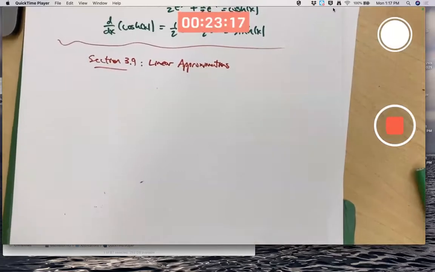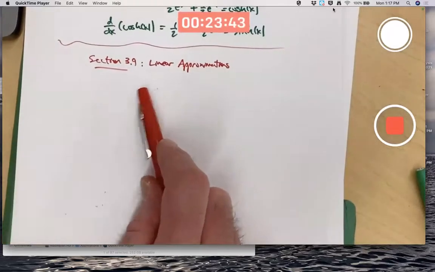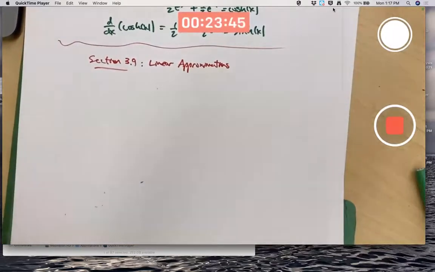If the instantaneous velocity is 5 meters per second, and you travel for another 0.1 seconds, you'd multiply 5 times 0.1 to get 0.5 as your approximate change in distance traveled. That kind of approximation we've been talking about since chapter 2. Now we make it a bit more formal in section 3.9.